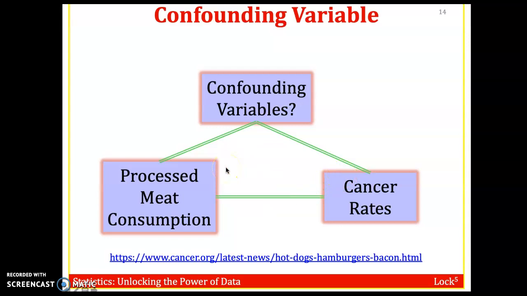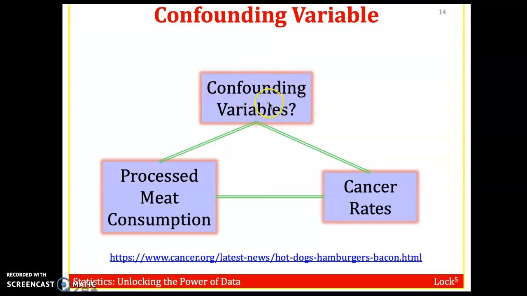So I want to think about, could there be any confounding variables here? There might be two sides of this. People who really love their processed meat want to say that, no, it might be something else. Maybe people who eat processed meat tend to exercise less or drink more alcohol or not sleep as well.